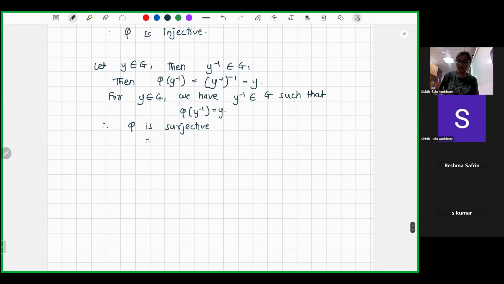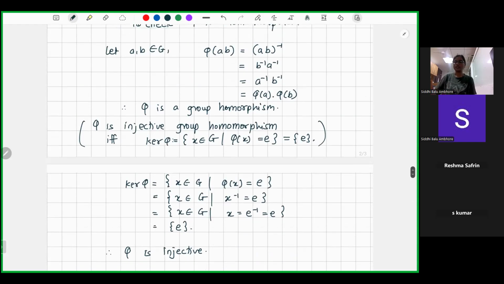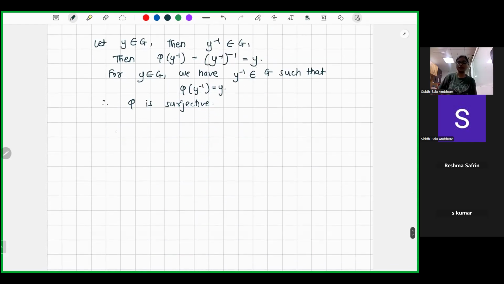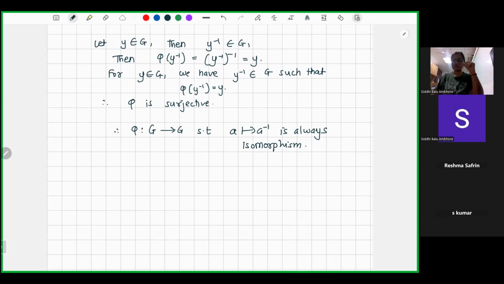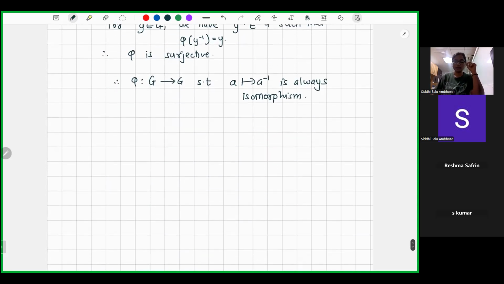Since it is a homomorphism, and we checked it is injective and surjective, therefore phi from G to G such that a going to a inverse is always an isomorphism when G is an abelian group. Okay. Any doubts here for this statement?